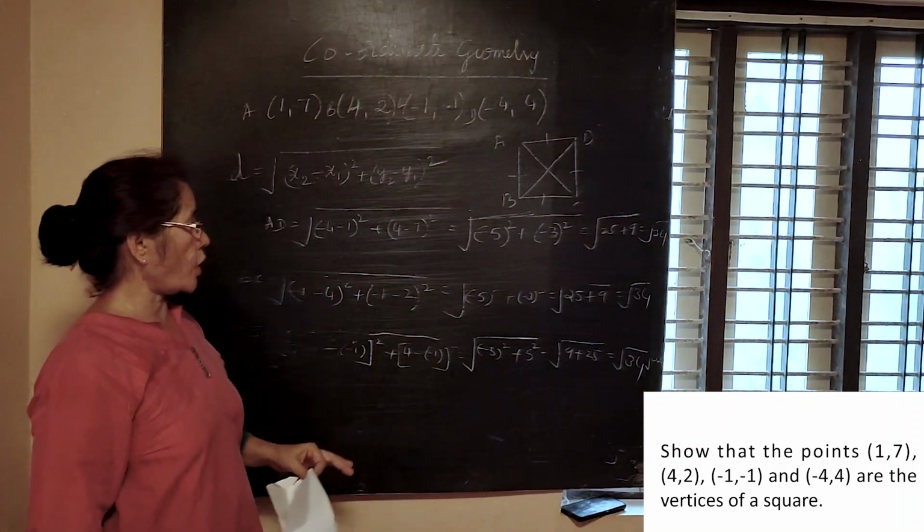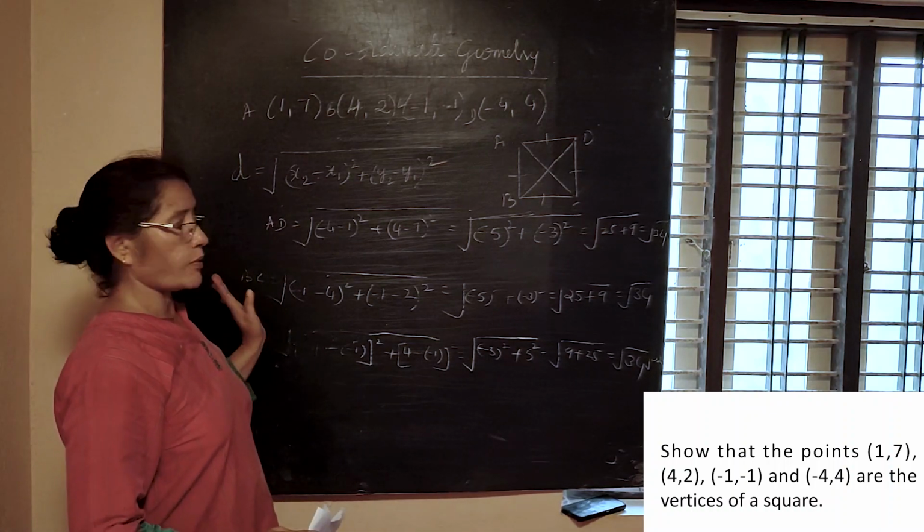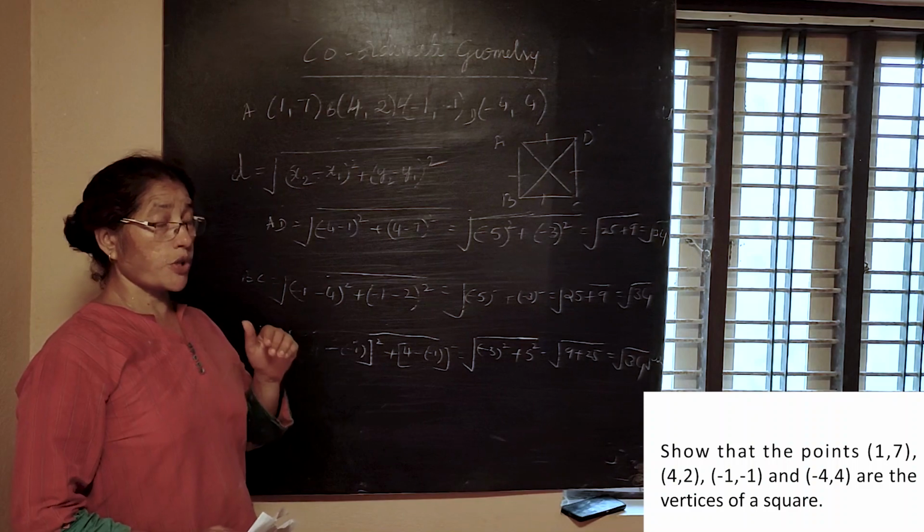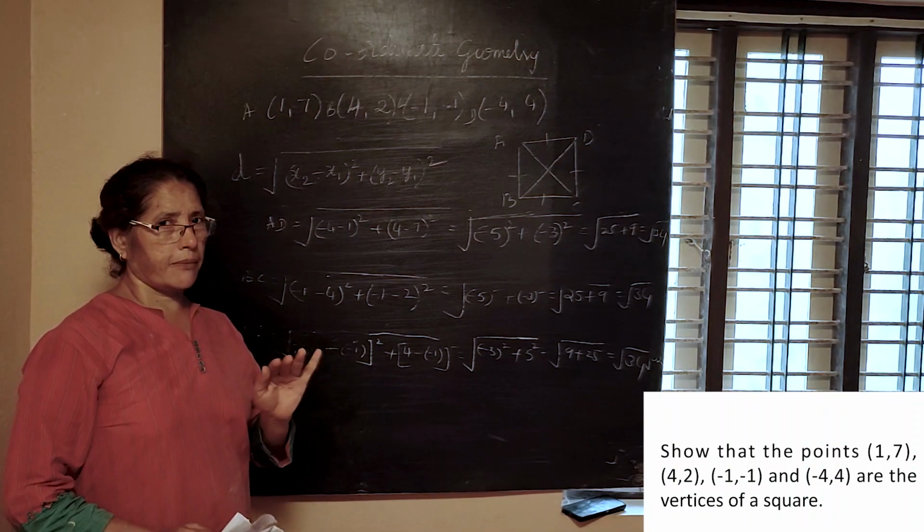From this I can make out AB is equal to BC is equal to CD is equal to AD.